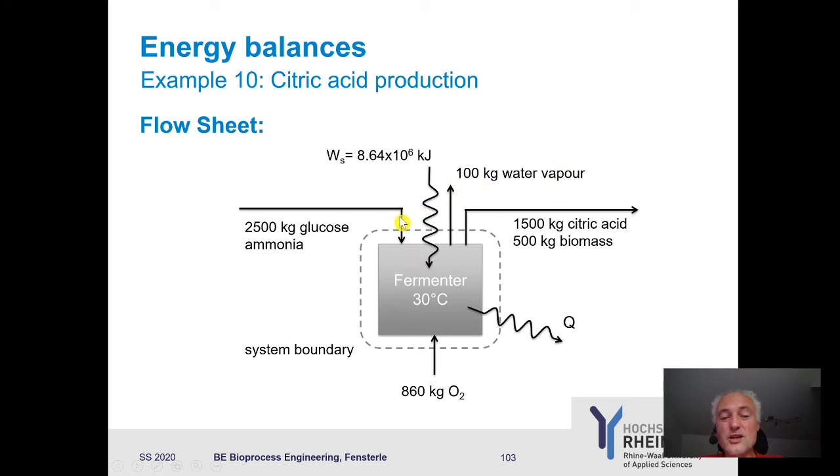Obviously, also carbon dioxide and so on goes out, but this is not even given here, so I didn't put that stream here. But this off gas usually you would have, so it would be better to have this here. Okay, so you also have water in this stream, you also have water in this stream, but again, it's an energy balance at the end, so we neglect the water as it's cut out anyhow.